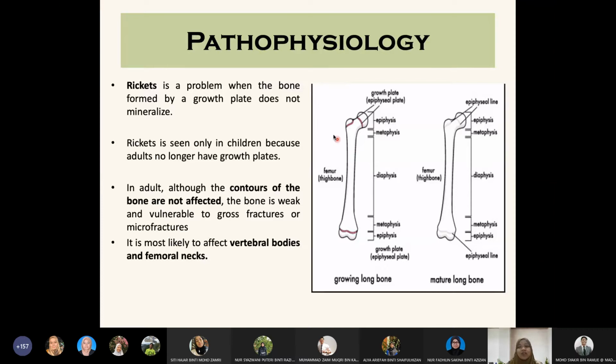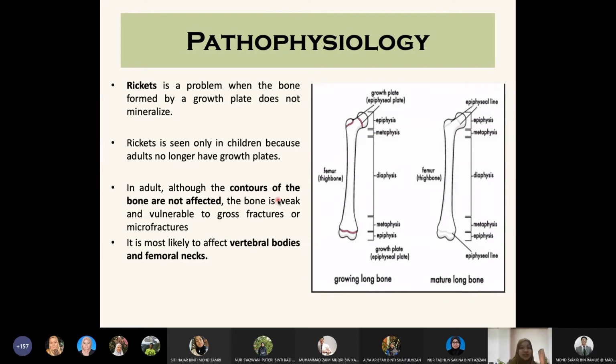Okay, so there will be abnormal bone. The contours of the bones will be affected, but this will not occur in the adult because their bone has been matured. So that is why there is a difference in the term to be called for the adult and the childhood. Okay, so this is the reason.